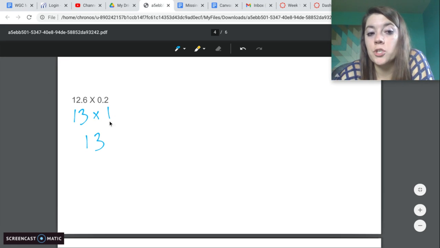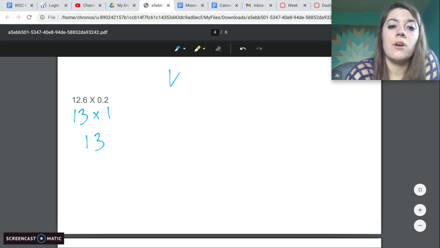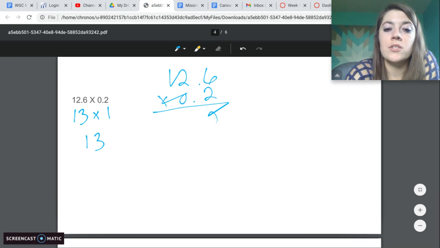Obviously, this is a major rounding up, so this is a high end. So 12.6 times 0.2. 2 times 6 is 12. Carry the 1. 2 times 2 is 4, plus 1 is 5. I apologize for the lines. 2 times 1 is 2.